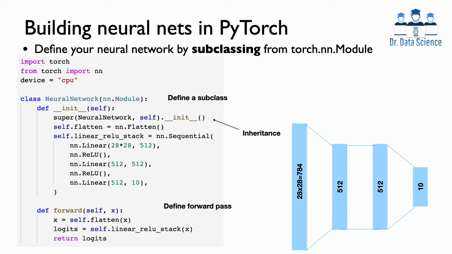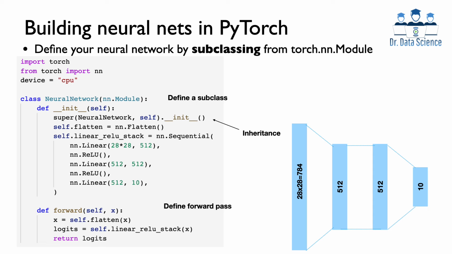And again, we are using def __init__. And in order to inherit from the base class, we are using super: super, the name of the child class or subclass, .__init__. Here we are not passing any arguments, so that's why you can see that this parenthesis is empty.